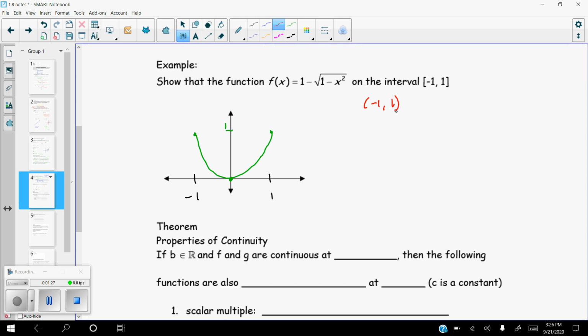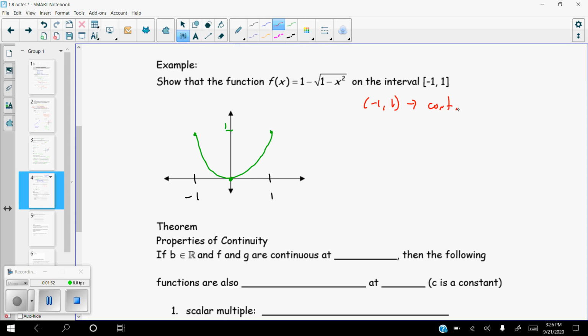Well, we can obviously clearly see it from our graph, but there's nothing that's going to make it undefined in between -1 and 1, so it would be continuous. Again, I'm not showing the actual mathematical proof. I'm just kind of going through what you would do. Then you would actually have to show the continuity at the endpoints. So we're going to say that it's continuous on the open interval. We'll say continuous here.